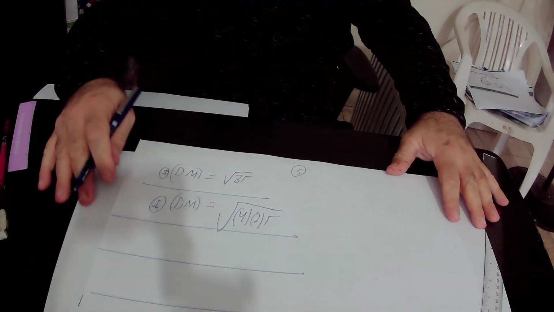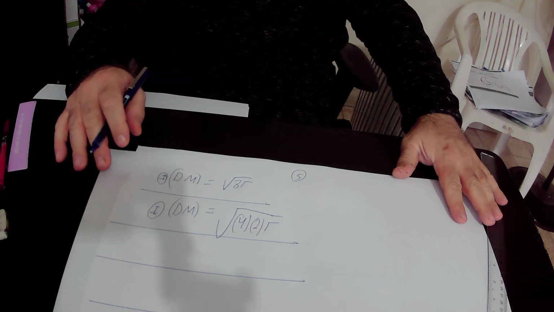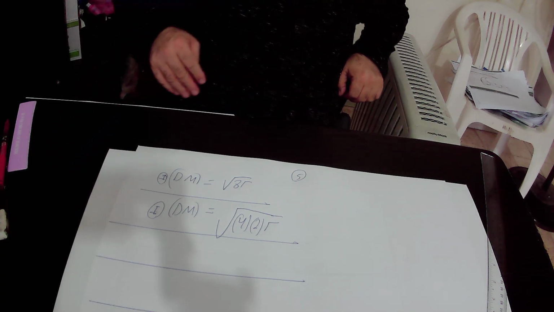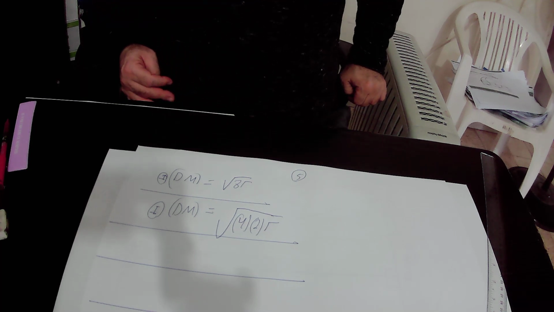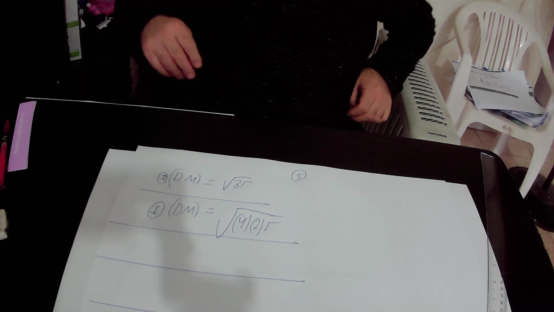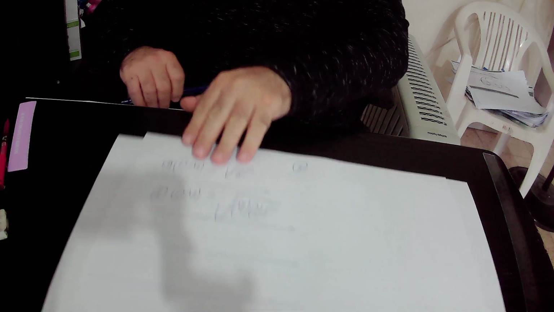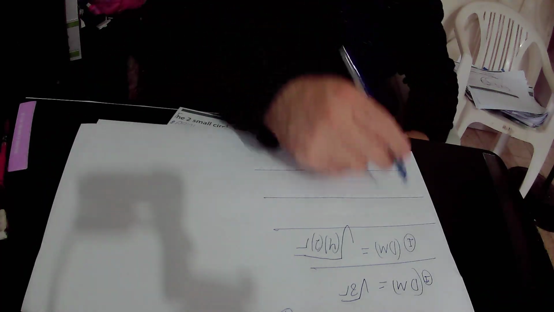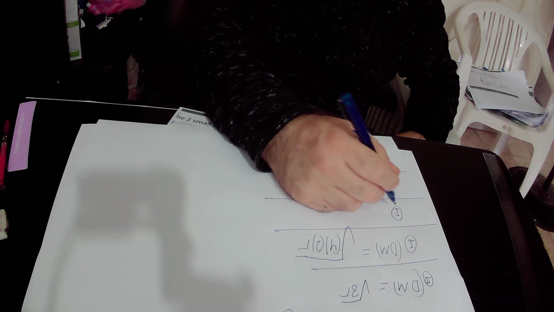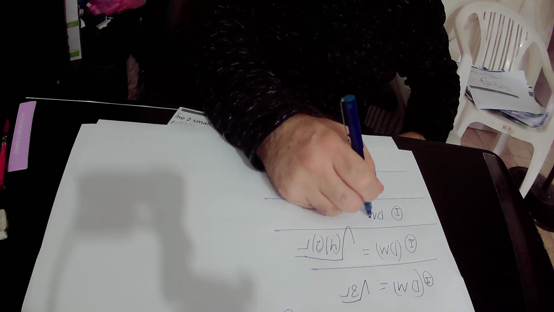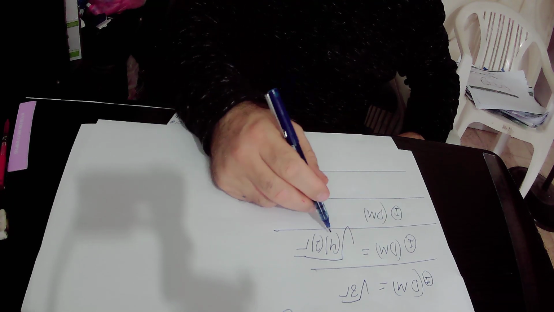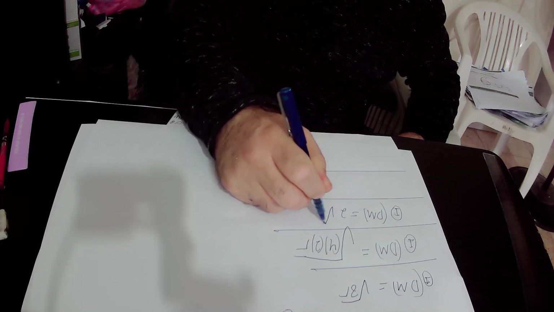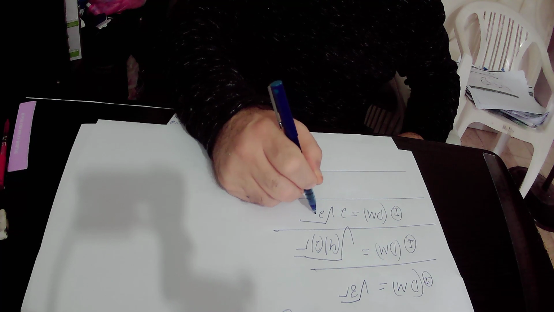So we actually got DM equals the square root of 4 times 2 times R. The square root of 4 is 2, so I write it down. So we actually found out that DM, according to equation number 1, equals the square root of 4, which is 2, times the square root of 2R.